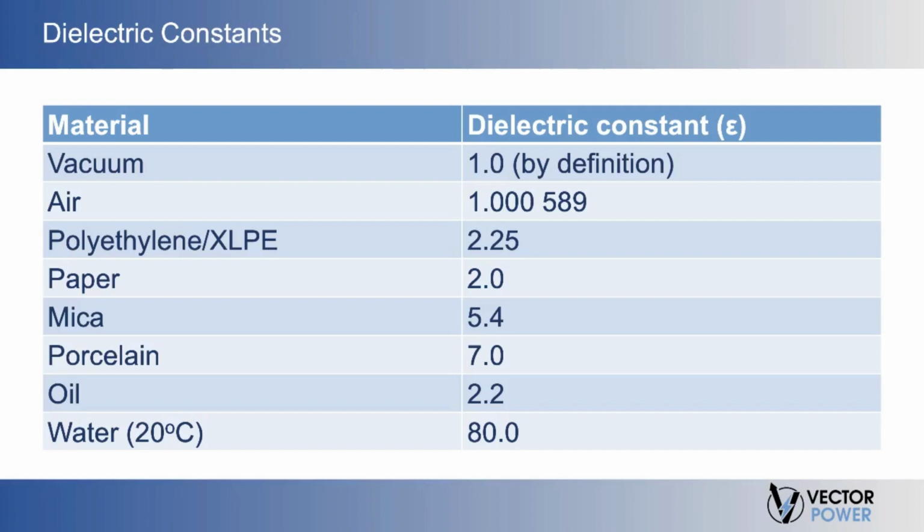Now, kind of in your mind, think of the dielectric constants as being the ingredients in an insulation recipe. Tuck that away in your mind right now, and we'll elaborate on that concept in a moment.